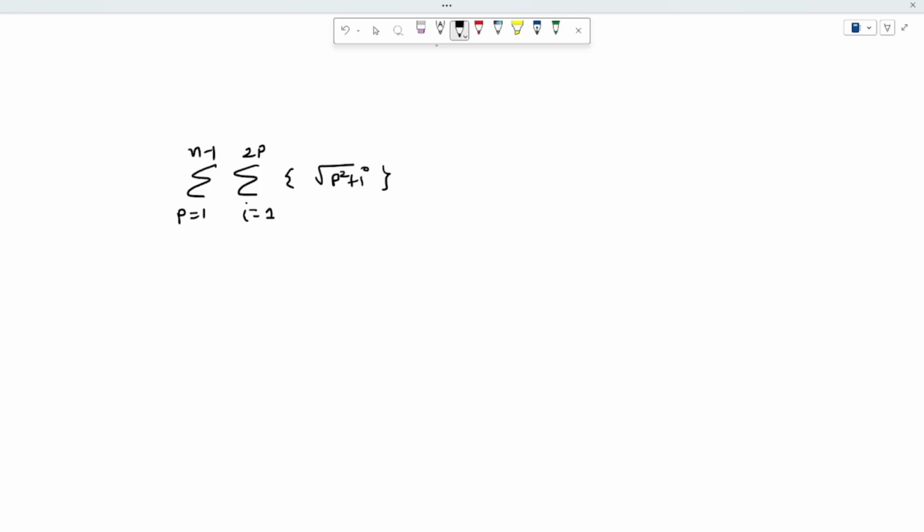So for every fractional part, can we represent it in the form of the real number minus the greatest integer part? Like, this is the square root of p square plus i minus the greatest integer of the square root of p square plus i.